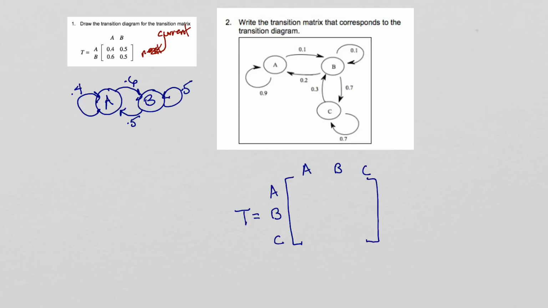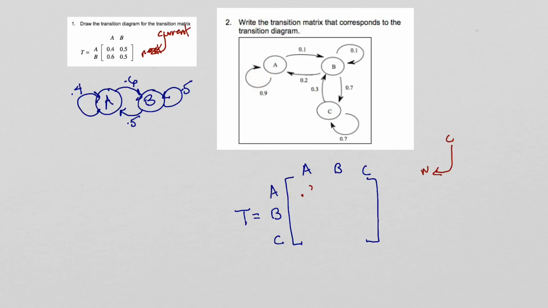So we can see here that if we're currently in A, the probability of going back to A is 0.9. So in our matrix, remember how we go here? We go this way. This is the current. This is the next. So if we are currently in A, going back to A to A, that's 0.9.